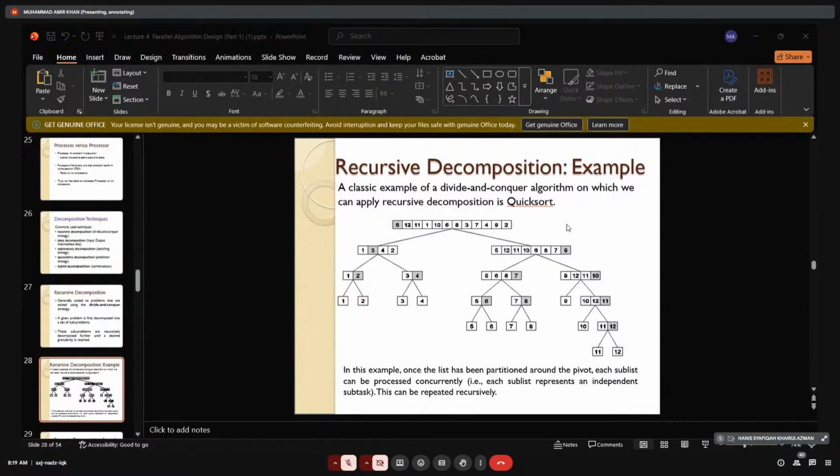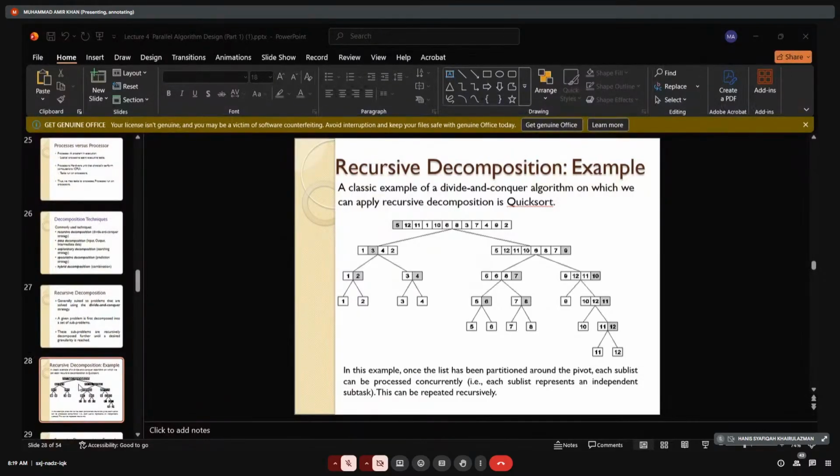Good. So for this recursive, for quicksort, it uses what we call divide and conquer. For the first list, it's split into two in the middle. It is sorted in ascending order, and then divided in the middle.